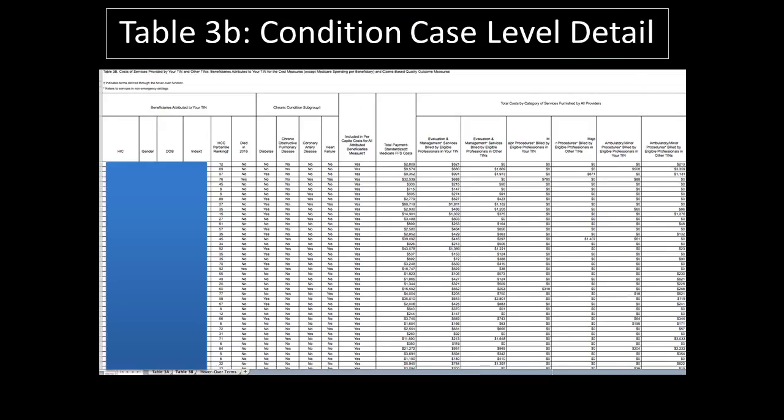This is also expanded even further to case level detail. So we can see in this particular example how sick the patients were deemed to be. Next to the blue box, you'll see something called HCC percentile ranking that tells us how ill our patients are with respect to comorbidities. You can see the conditions that they have and data then available in terms of the various spend for these patients.